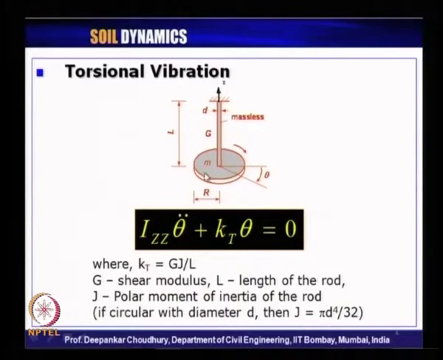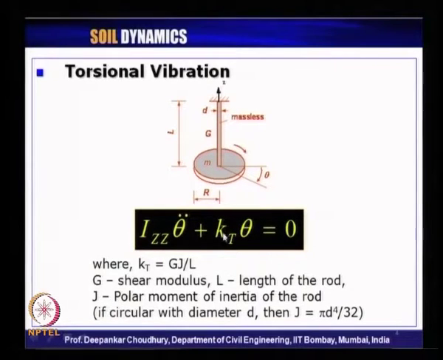Suppose this circular disc of radius r with mass m is vibrating with a small rotational or torsional vibration with angle theta, and this is the rigid rod connected to the disc with circular cross section, diameter d and length L. We have seen the equation of motion is I_zz theta double dot plus k_t theta equals 0, where I_zz is the mass moment of inertia of the circular disc about the axis z, k_t is the torsional spring constant, and theta is the rotational displacement.